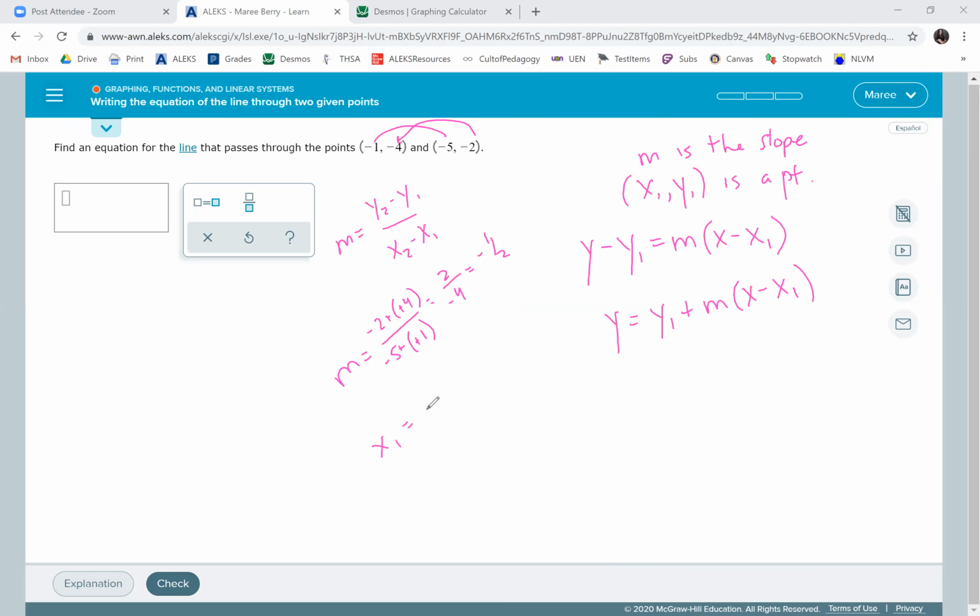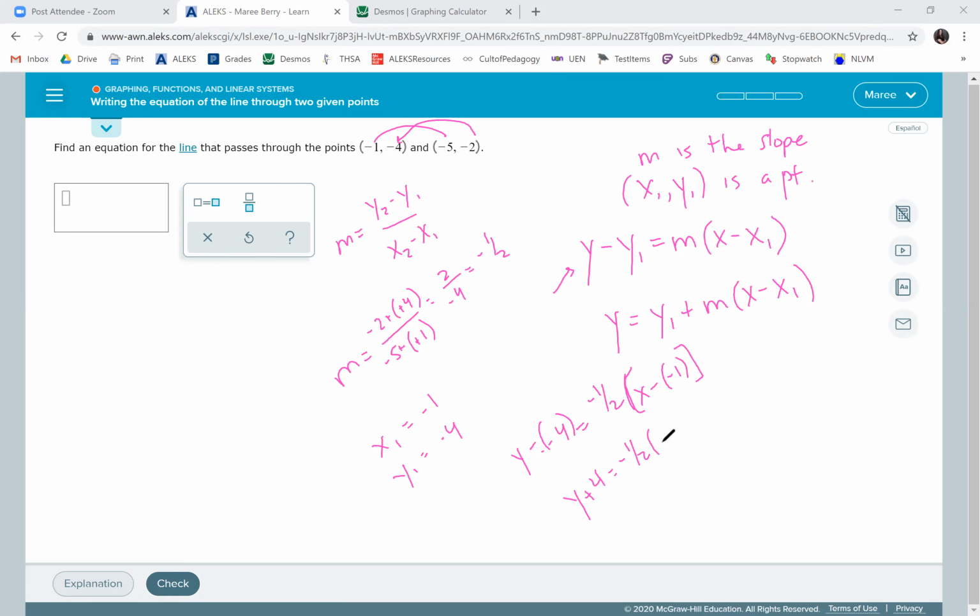Then we pick a point. It doesn't matter which one. Let's just do x is -1 and y sub 1 is -4. So we'll plug it into here. y minus a -4 equals m, which is -1/2, parentheses x minus a -1. Okay, then we're going to have to simplify here. Minus a negative is plus.